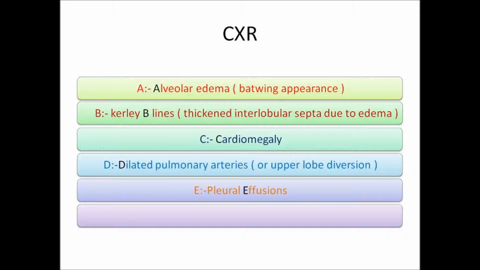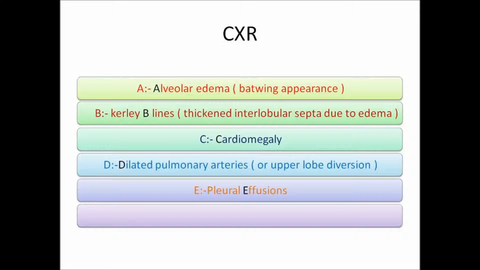Cardiomegaly is measured by measuring the ratio of the diameter of the cardiac silhouette to the full field diameter. When this ratio is more than 55%, there is cardiomegaly.